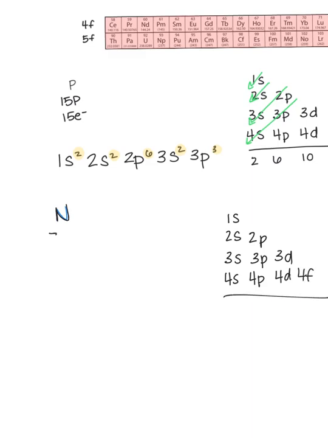Nitrogen has 7 protons, meaning it has 7 electrons. I find it's easiest to write down the configuration for these and then do my box and arrow, because then I know exactly what I need to do.